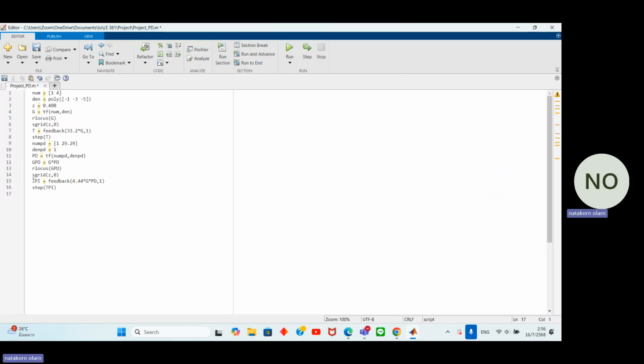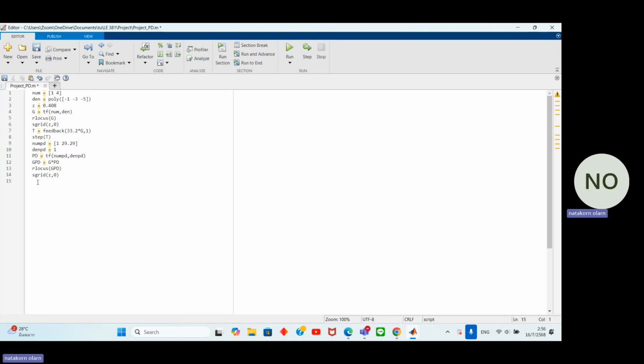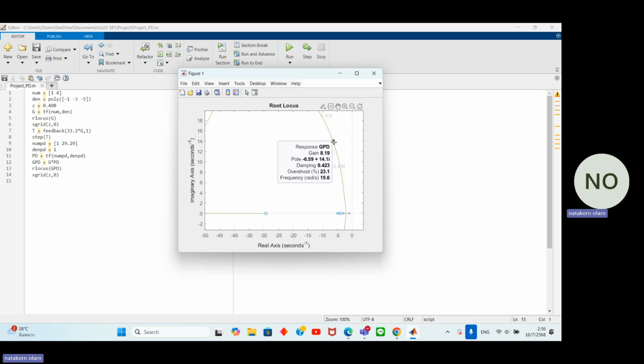I am finding the gain point by the root locus. Okay, run. Okay, this is the point. Finding the point of the damping ratio. And here the point is 5.45 gain with 0.409 damping ratio.